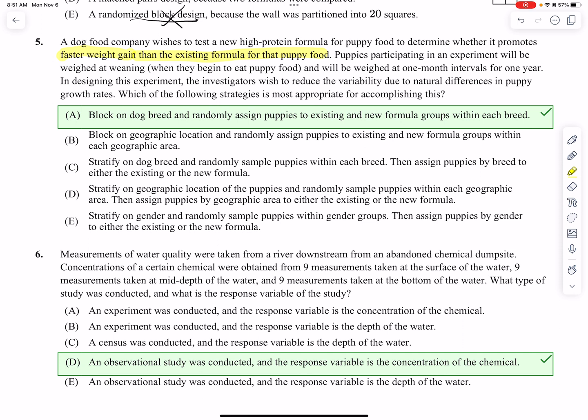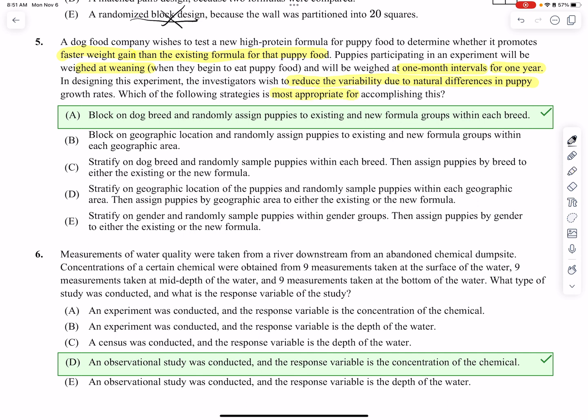Puppies participating in the experiment will be weighed at weaning. That's when they begin to eat puppy food, right after they quit depending on their mom for nutrition. And then will be weighed at 1 month intervals for 1 year. In designing this experiment, the investigators wish to reduce the variability due to the natural difference in puppy growth rates. Which of the following strategies is most appropriate for accomplishing this?